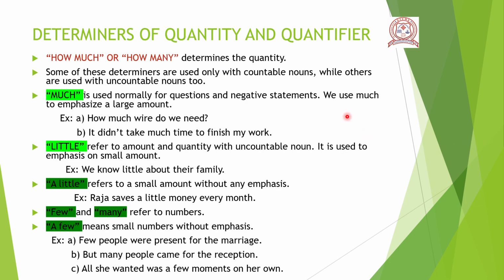Determiners of quantity and quantifier. How much or how many determines the quantity. Determiners of quantity and quantifier is a little complicated because there is much, little, a little, few, many, a few, so many words that refer to quantity. So I want you all to be very attentive and listen to this session.